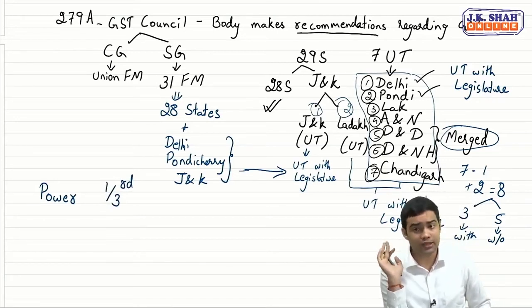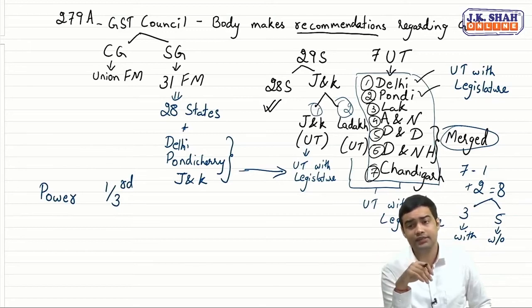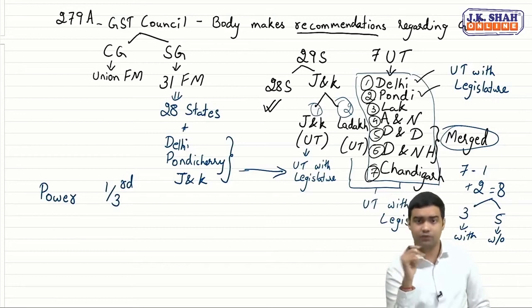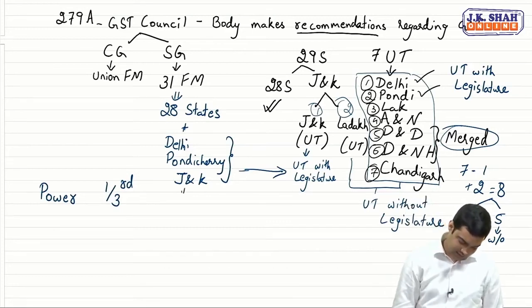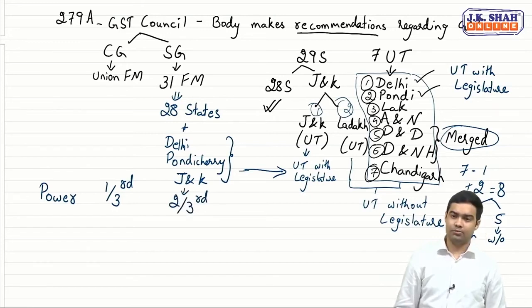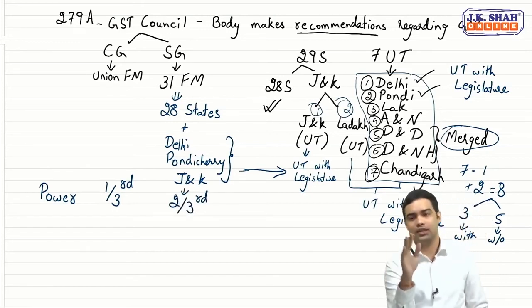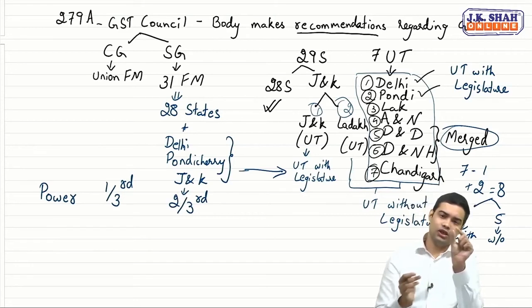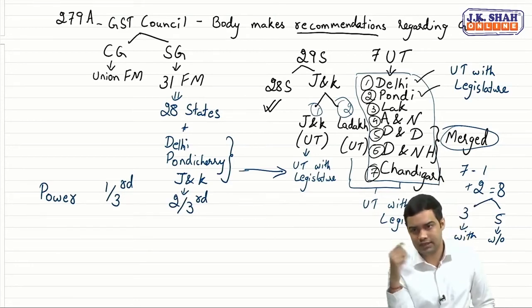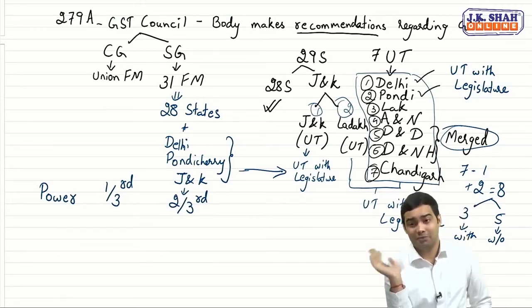If I were to put it in a percentage, 33.33% power belongs to the central government. And when I move to the state government, all state governments taken together have 2/3 power. There is no distinction between a smaller state, larger state, Goa, a very small state, or Karnataka being a very large state.